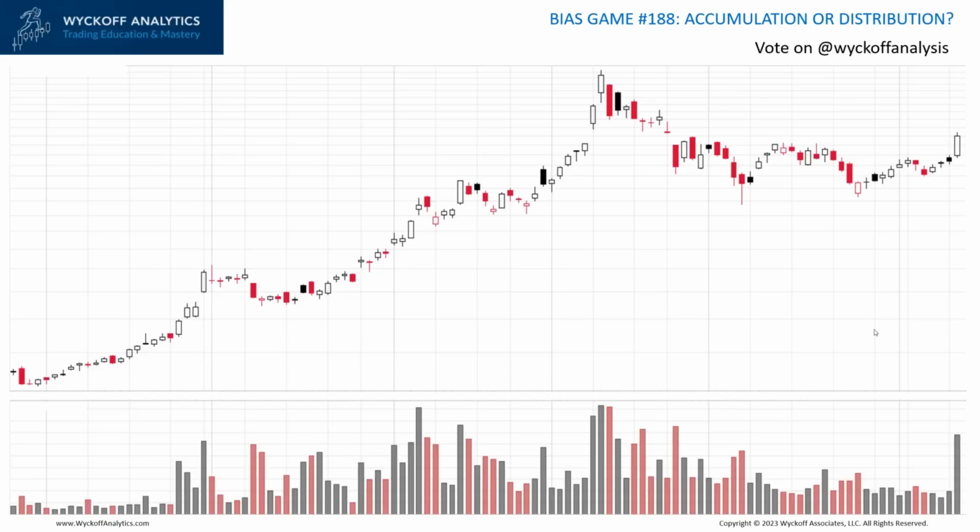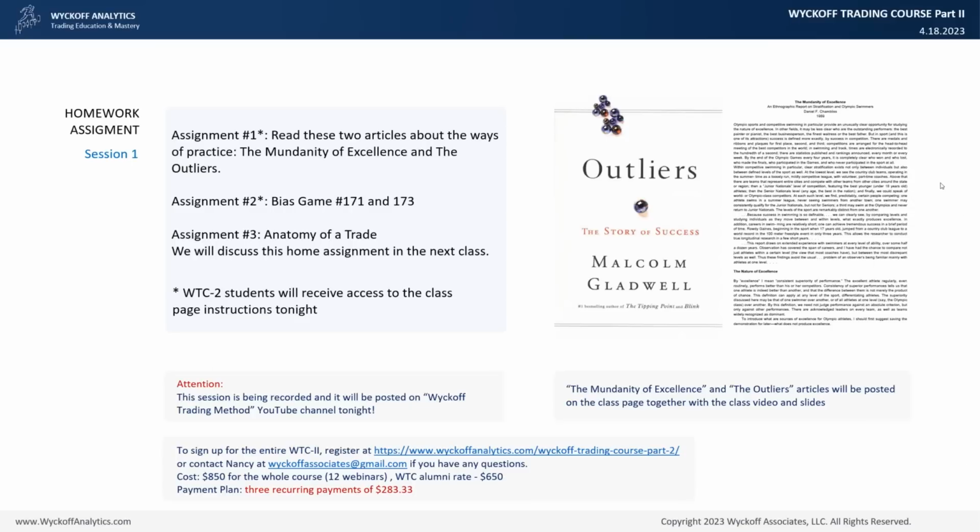So let's discuss the articles, let's discuss the solution to this bias game, and then also let's discuss the anatomy of the trade next time. And I'm going to give you finally the sequential bias analysis, the way we are analyzing the trading ranges. Okay, so with that, here is your homework. So bias game number 188.